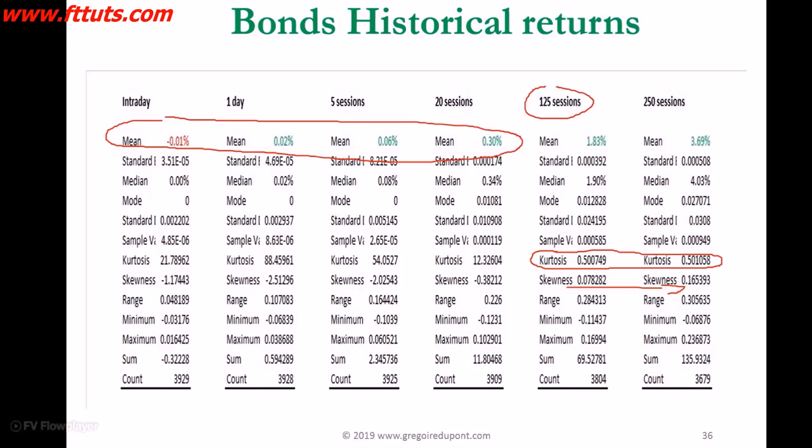In fact, if you were holding AGG ETF for less than 1 month, your best return on average will be 0.3%. So if you take the assumption that you'll have to pay 0.1% as an entry commission, and the same when you're exiting the position, that makes roughly 0.2% cost of trading.